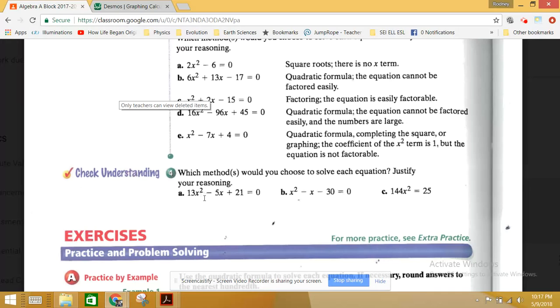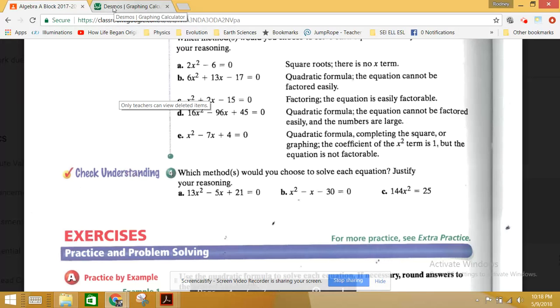I have x squared minus 5/13 x plus 21 over 13 equals 0. And then I would have to add something to both sides that was the square of, not negative 5 over 13, but negative 5 over 26. And I really don't want to do that. So I'm going to say A is 13, B is negative 5, and C is 21. And then I'm going to use the quadratic formula for that.